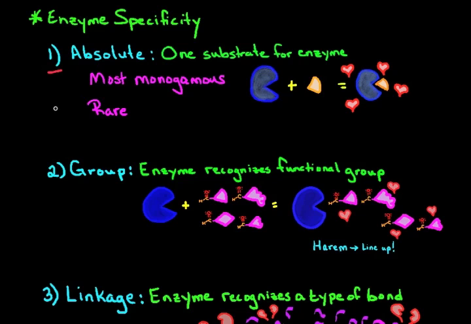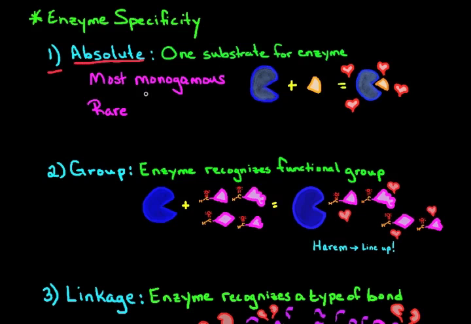Okay, so absolute, if an enzyme has absolute specificity, what that means is that the enzyme has, of course, only one substrate. It will work on only one substrate.